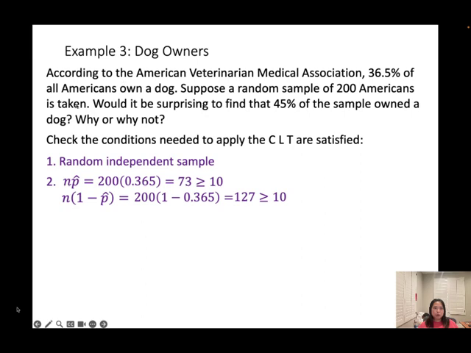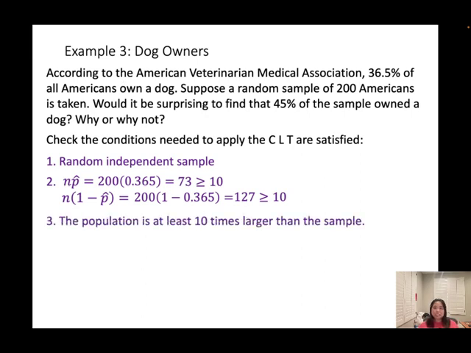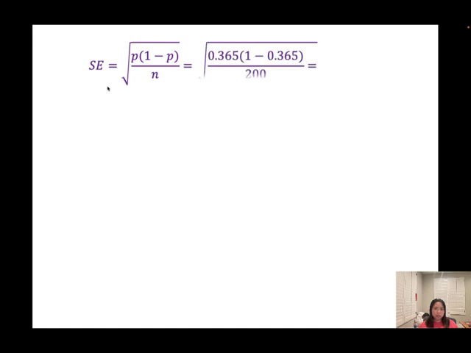This is talking about all Americans, so for sure the population is at least 10 times larger than the sample. Then find the standard deviation. Plug it in. You should get 0.034.